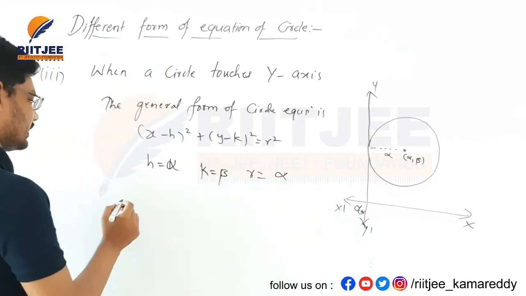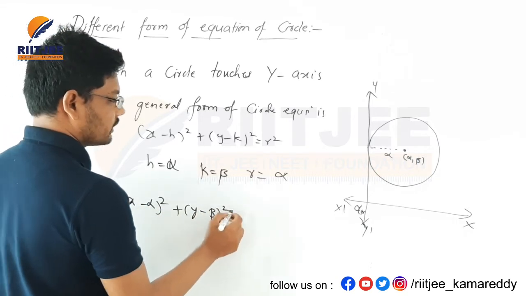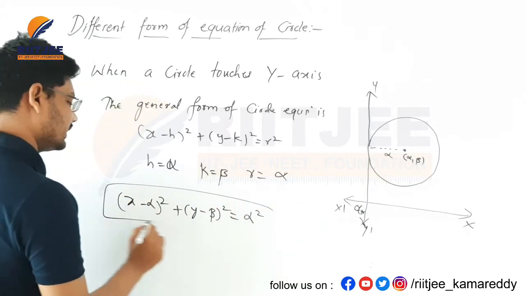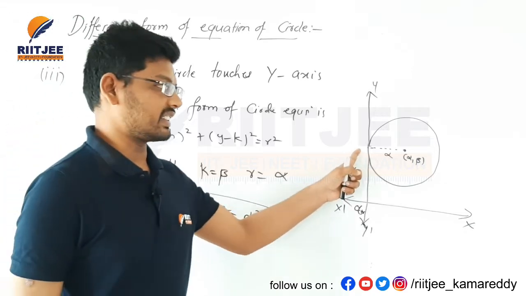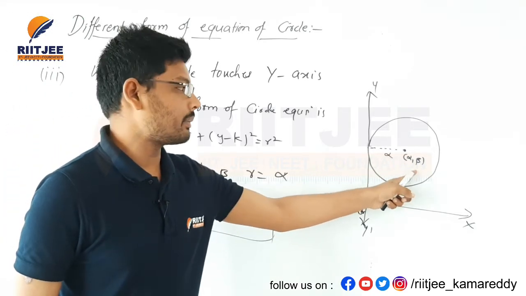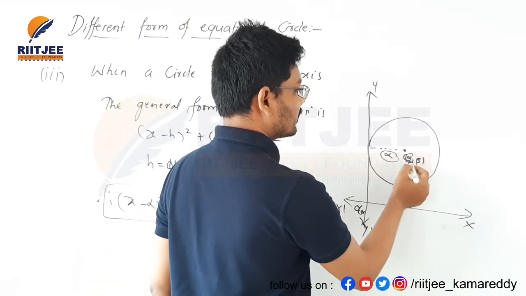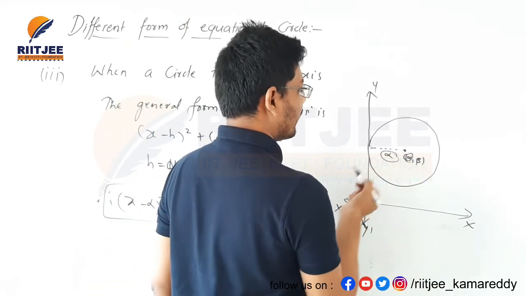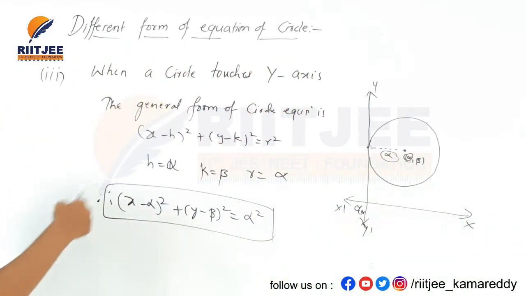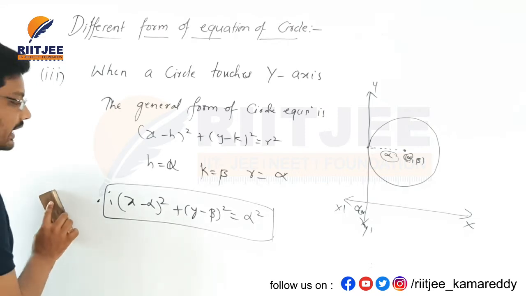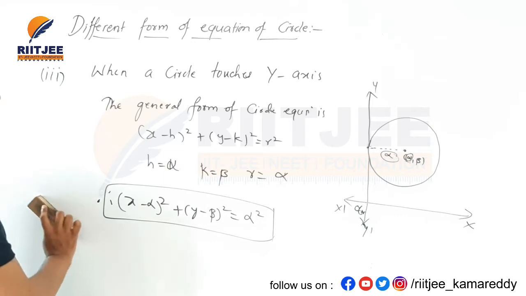So let's substitute the values: (x − alpha) whole square plus (y − beta) whole square is equal to alpha square. This is the equation of a circle touching the y-axis with center alpha comma beta and radius alpha. Why? Because the radius is alpha, the first coordinate of the point. This is all about the third one.